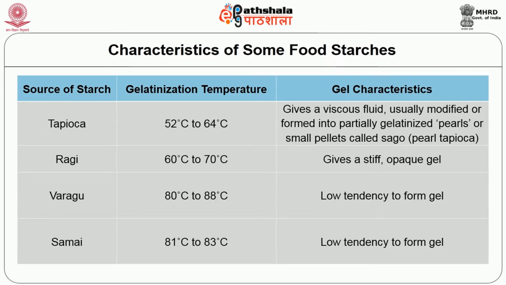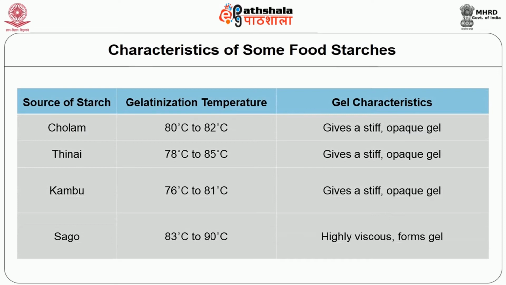Ragi when gelatinized at 60 degrees Celsius to 70 degrees Celsius gives a stiff opaque gel. Varagu when gelatinized at 80 degrees Celsius to 88 degrees Celsius has a low tendency to form a gel. Samai when gelatinized at 81 degrees Celsius to 83 degrees Celsius has a low tendency to form a gel. Cholam when gelatinized at 80 degrees Celsius to 82 degrees Celsius gives a stiff opaque gel.